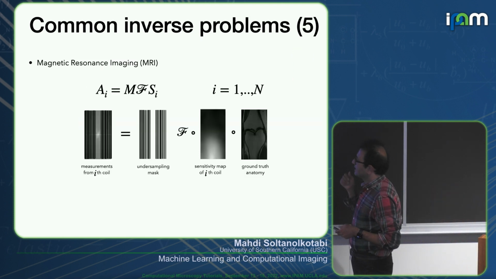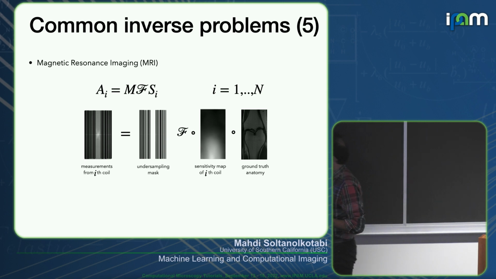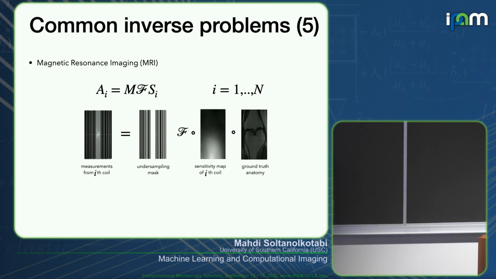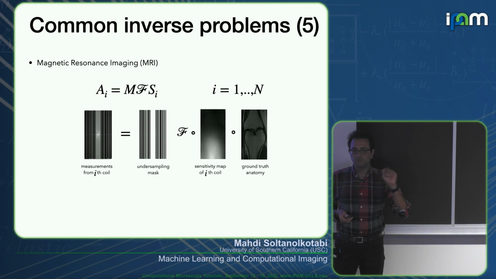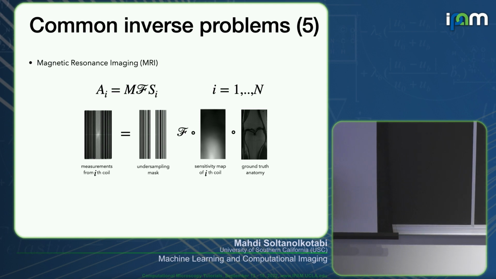In fact, it's the next example. In this case, it's a linear measurement, though real MR imaging is a little bit more complicated than that. Typically you have some ground truth of the anatomy that you're measuring. Then you have multiple coil sensitivities that are doing the measurements. And after that, you get to see the Fourier transform, because in MR imaging you see things in K-space, but you don't see the entire K-space, but a subsampling of it.